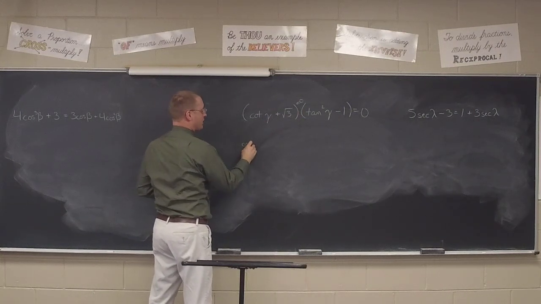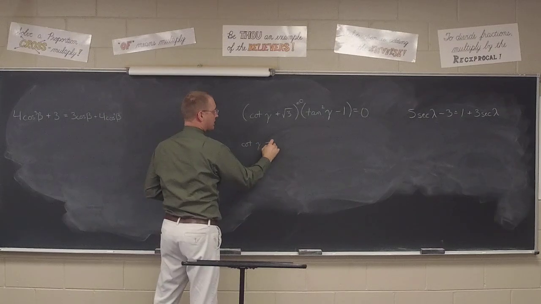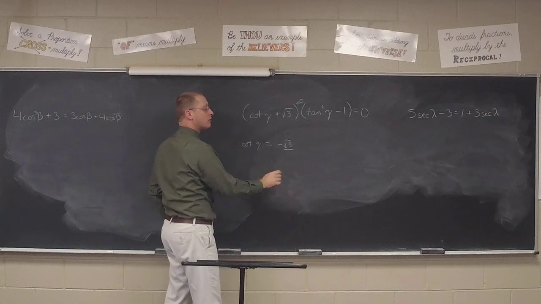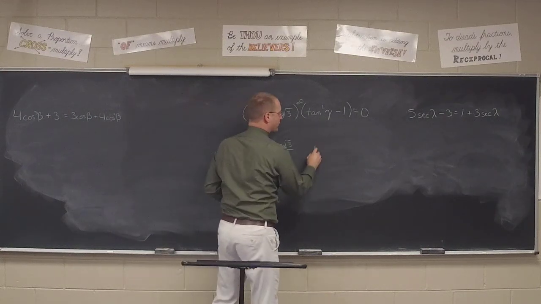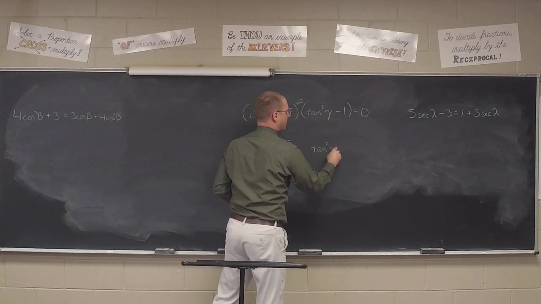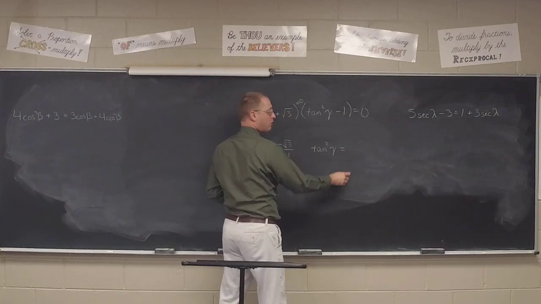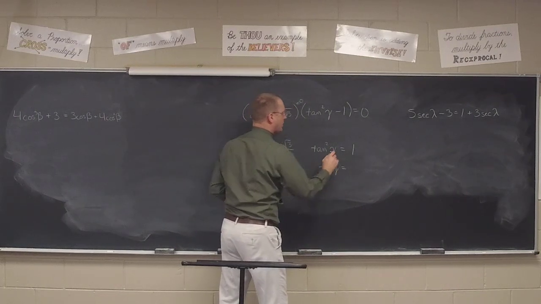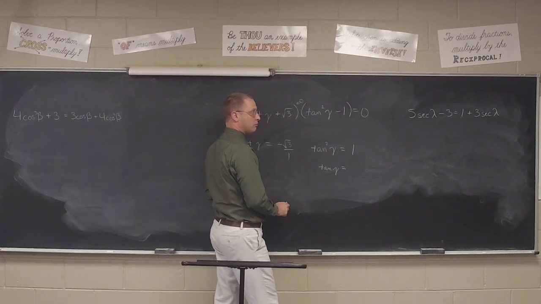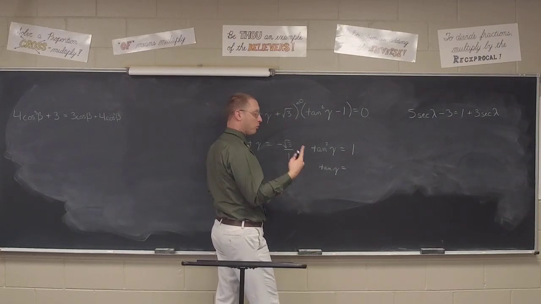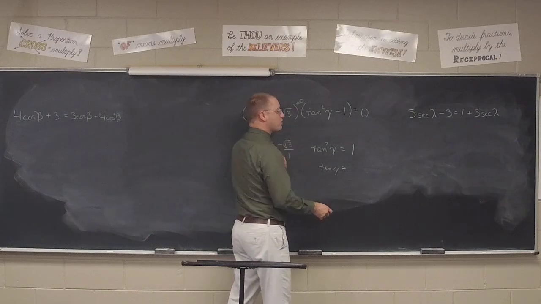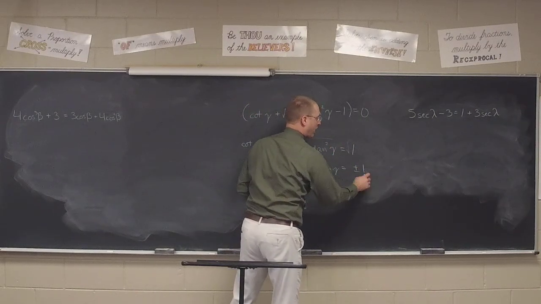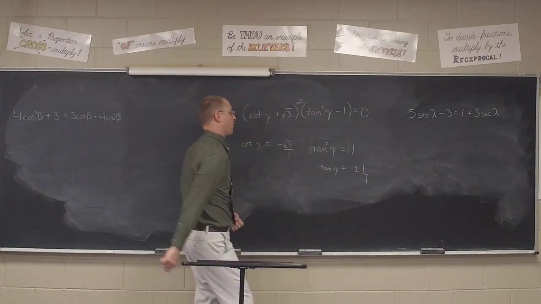Instead, I'm just going to say that the cotangent of gamma is equal to negative square root of 3 over 1. And here, that the tangent squared gamma is equal to 1, which means that tangent of gamma equals plus or minus 1 over 1, because anytime you take the square root, we have to put a positive negative.